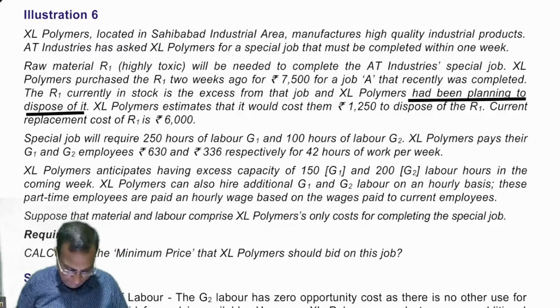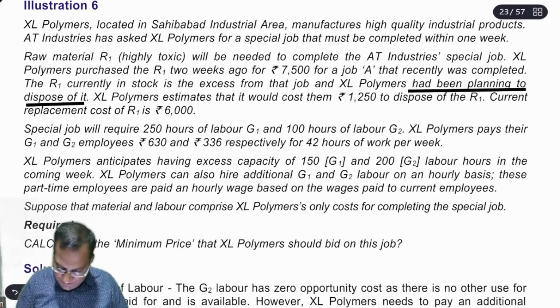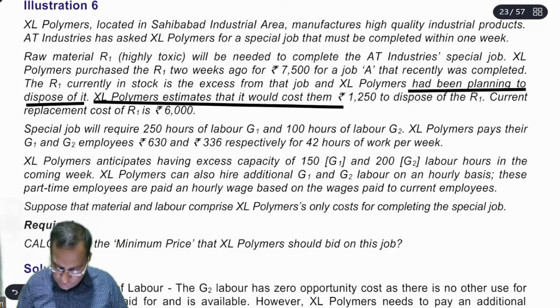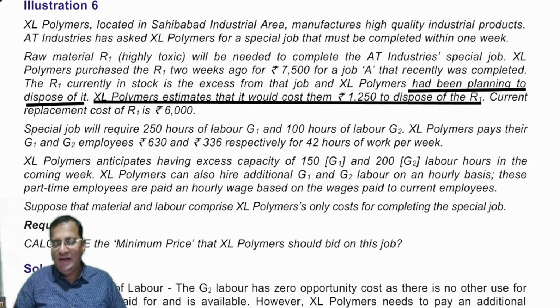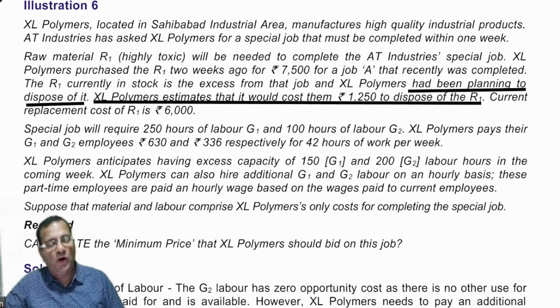Let's see. The company estimates that it costs them 1,250 to dispose of the raw material R1. Can you now tell me whether this line indicates that we have to destroy such raw material, or can we still assume that it's a resale variety, where the irregular use raw material will be resold in the market?